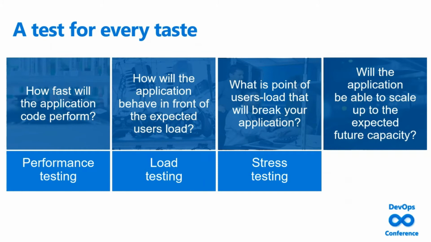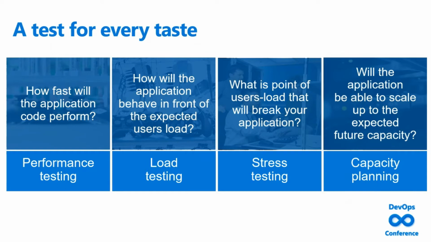While load testing focuses on the application stability under both normal and peak conditions, stress testing focuses on reaching the breaking point of your application by putting it under an unrealistic load. Last but not least, we have capacity planning, which focuses on verifying if the application will successfully scale up. In today's session, we are going to focus on the second block, which is load testing.